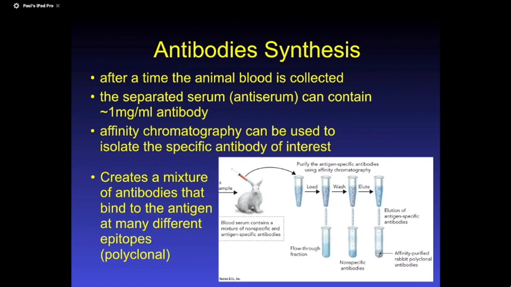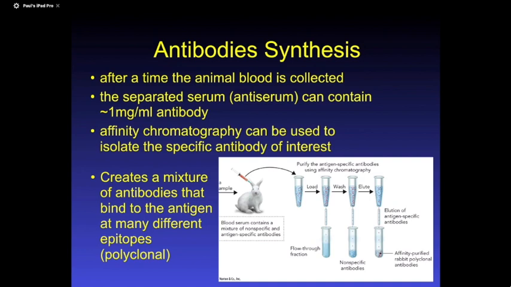All right? And so we can create antibodies using a biological system, something that is already designed to create antibodies. And so we use an animal system to do that. The antibody that we're looking for is the IgG class. It is the most soluble and most often produced antibody.